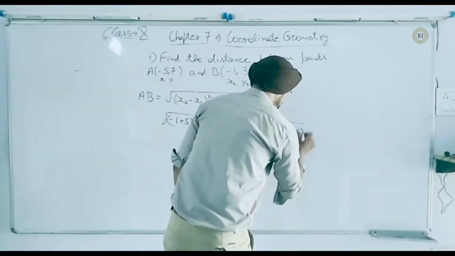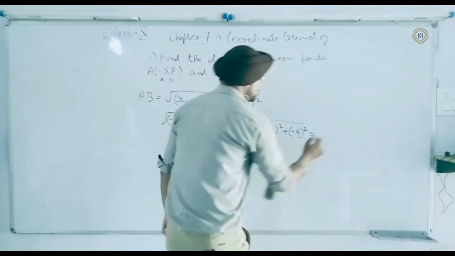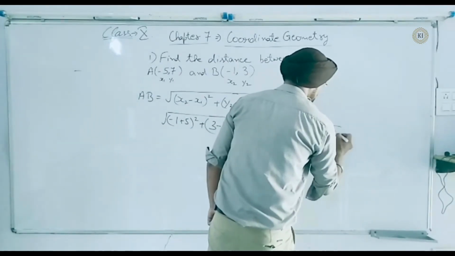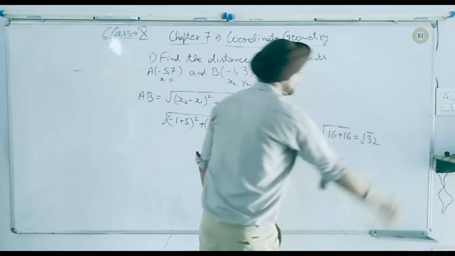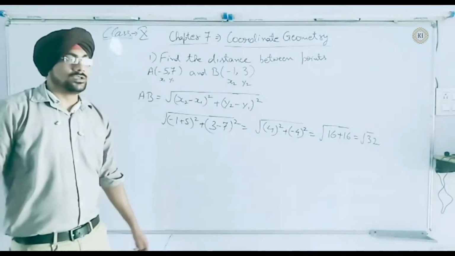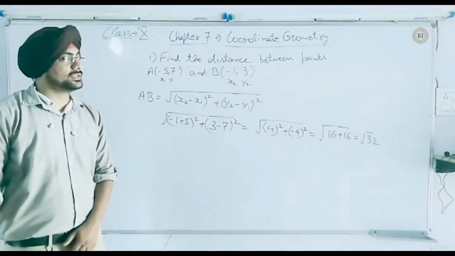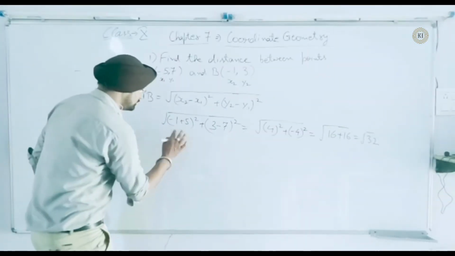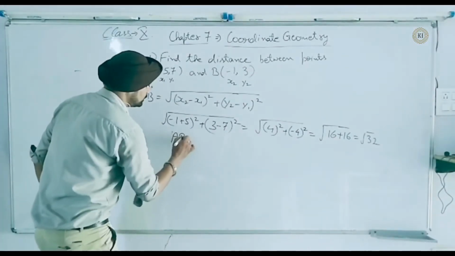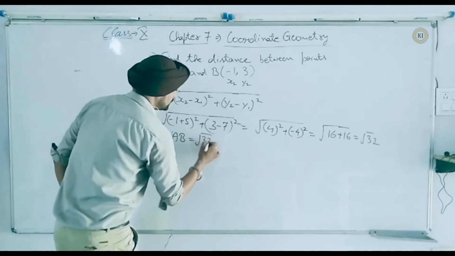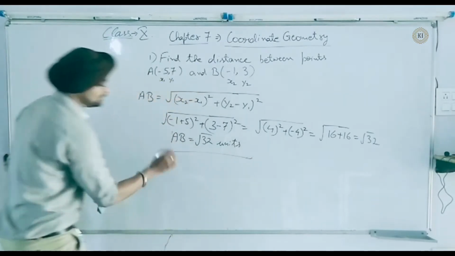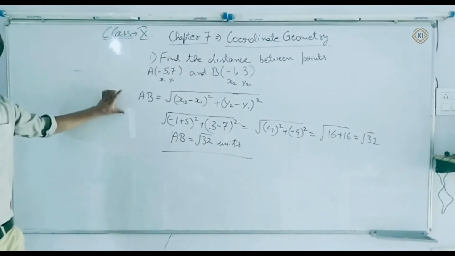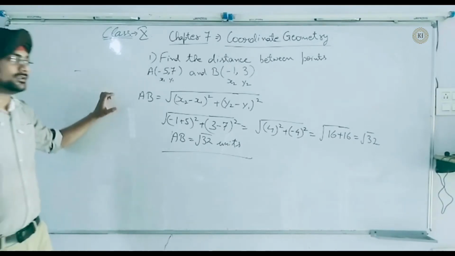It will be minus 4 square. So 4 square will be 16. Minus 4 square will also be 16. So under root 32 is the answer. So AB will be root 32 units. So this is the procedure to calculate the distance between the 2 points. Now see the next question.